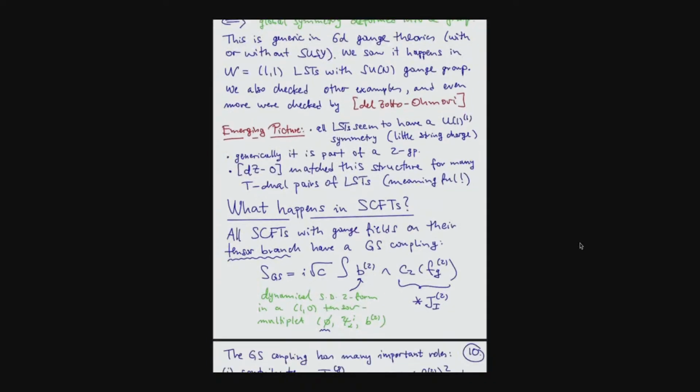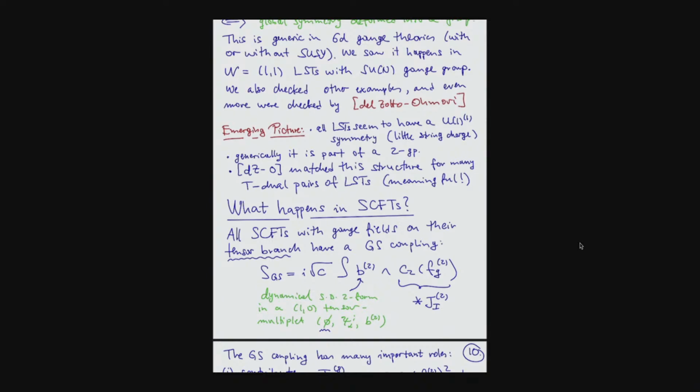So the picture that emerges from this analysis is that all little string theories have a U(1) one-form symmetry. This is essentially the little string charge, at the level of the supersymmetry algebra. And generically, it's part of a two-group. Generically, it mixes with ordinary global symmetries and turns into a two-group. And one thing you can do, for example, is match this two-group across dualities.